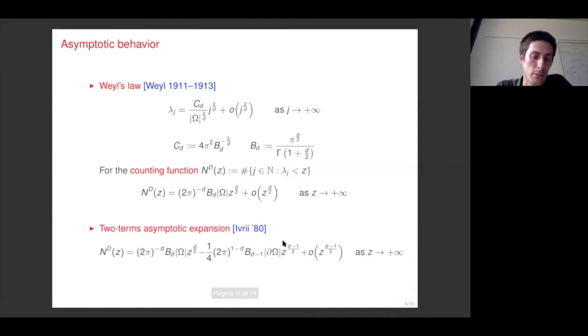Let me mention this famous result due to Ivrii, who proved the conjecture on the second term, which was already formulated by Weyl: under some regularity assumptions on the domain, that is, smoothness and the billiard condition, the counting function for the Dirichlet Laplacian has this two-term expansion with this order, and the constant of the second term is this one. There are, of course, many other results.